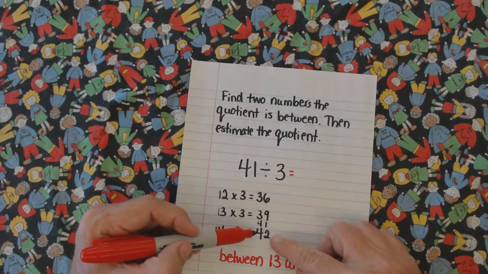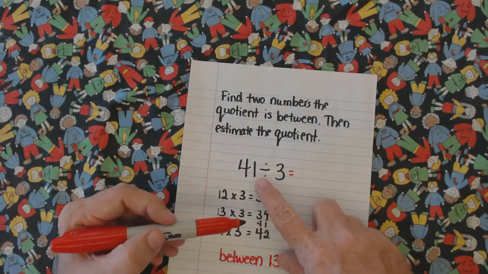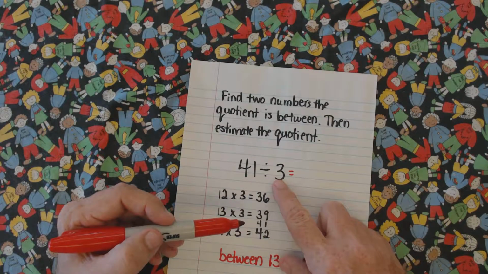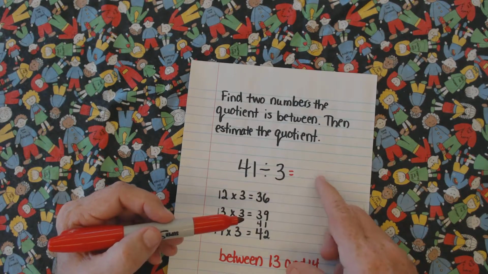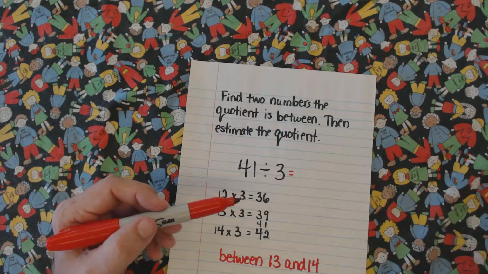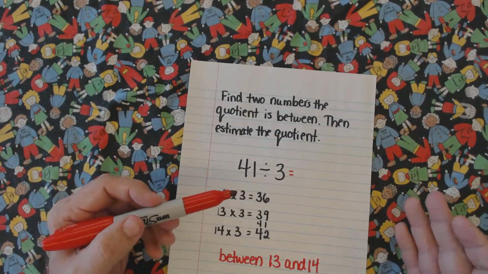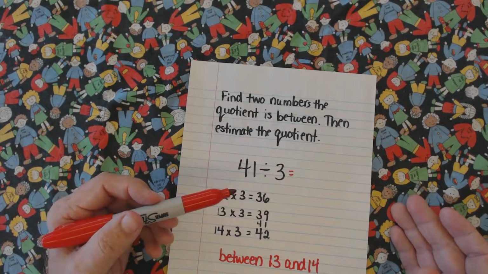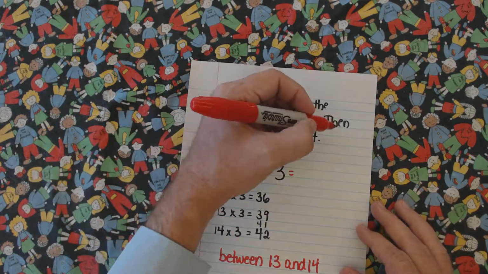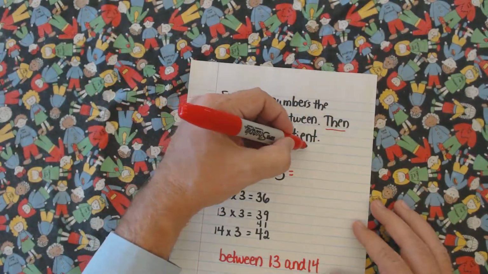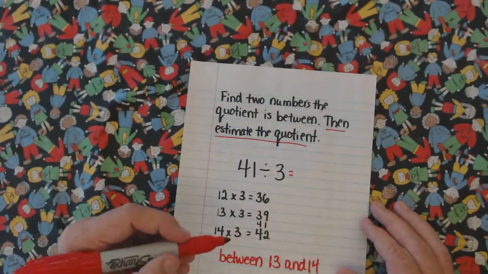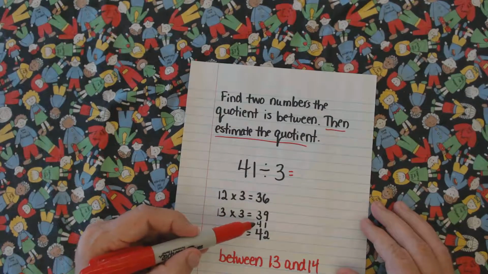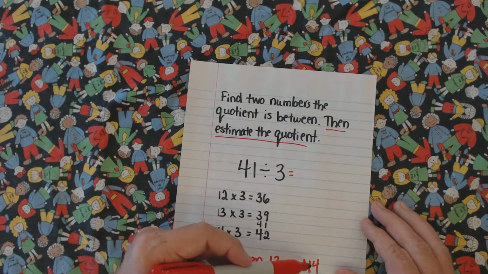It's not between 39 and 42, because 41 divided by 3 will not be 39. It won't be 42. It's going to be 13 and something. And they will learn how to do that shortly. The next part of the thing that they have to solve is then estimate the quotient. So we want to know, is 41 closer to 13 or is it closer to 14?